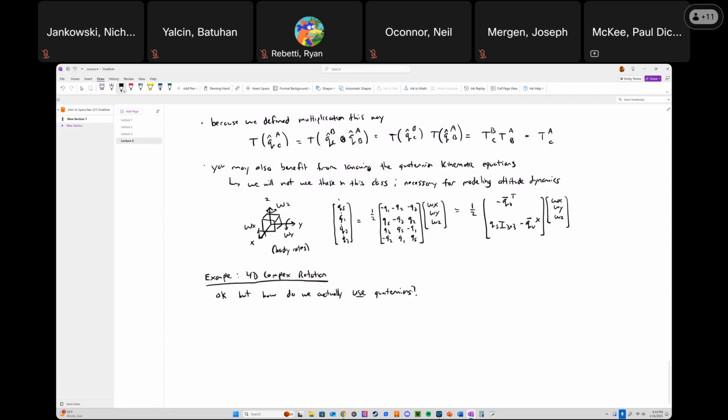I want to actually do two side-by-side examples and show you numerically that this will all work out. Suppose we want to rotate.